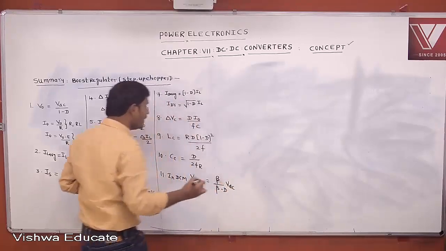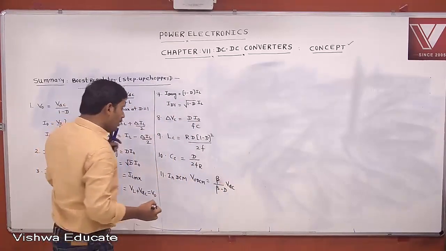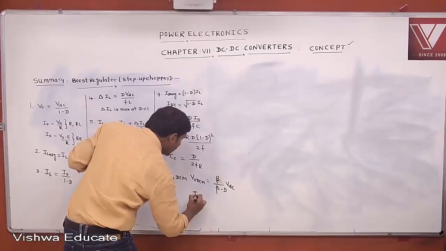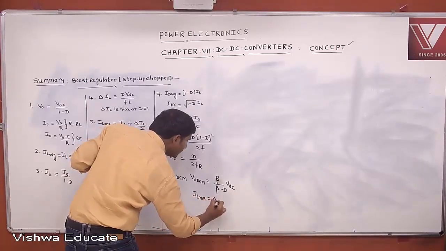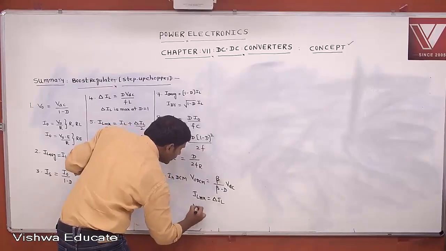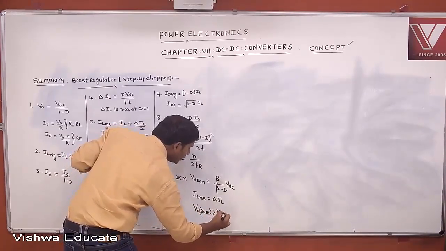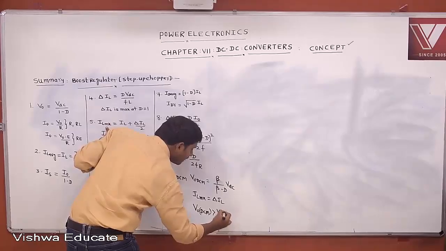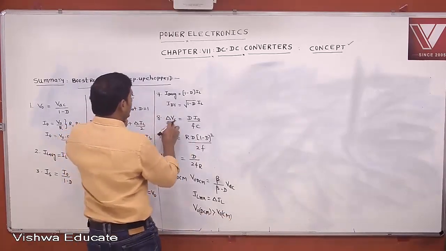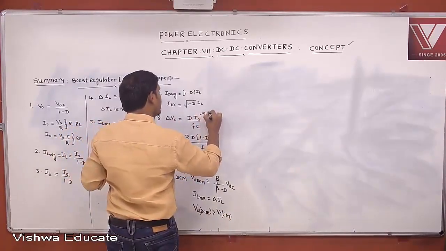This formula I derived. Okay. Then what is IL max equal to delta IL? V naught in discontinuous mode is greater than V naught in continuous mode.